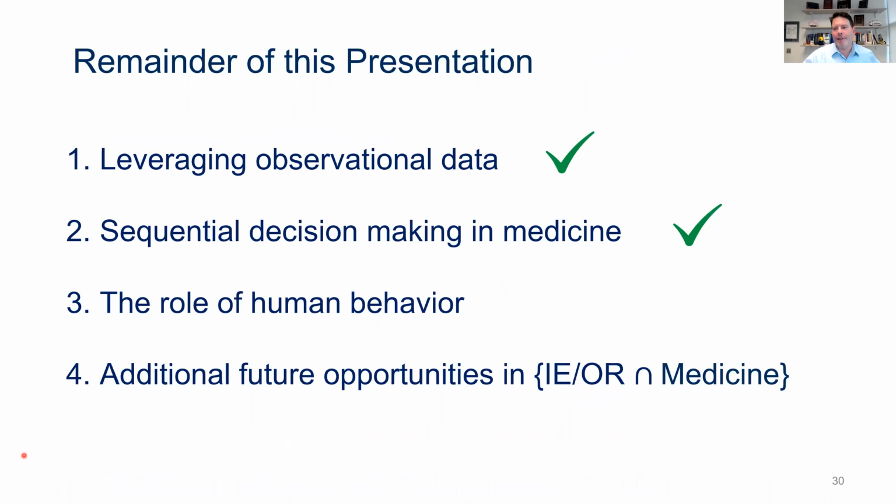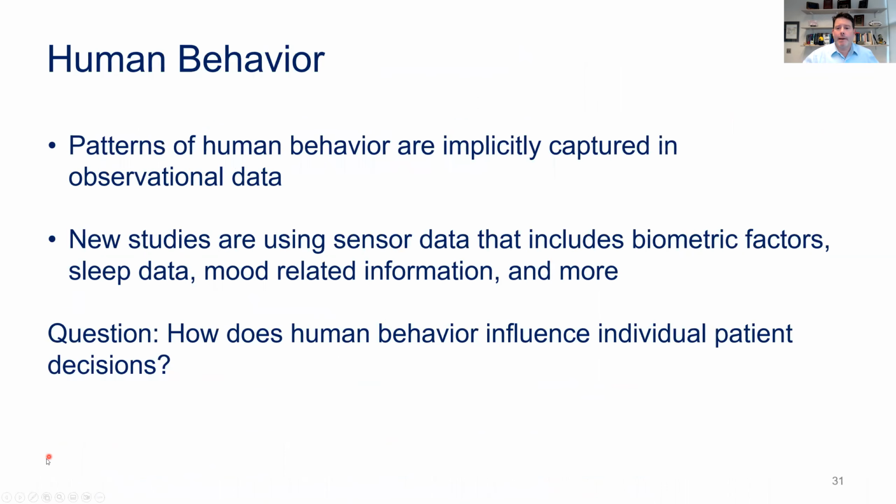So I'll just move very quickly through this and rely on the paper, so I leave a bit of time for Q&A. But the role of human behavior, I would say that's not very well studied. It's not something that comes up regularly in IEOR type studies. There certainly are exceptions, but if you really care about having an impact, the behavioral aspect of things is incredibly important.